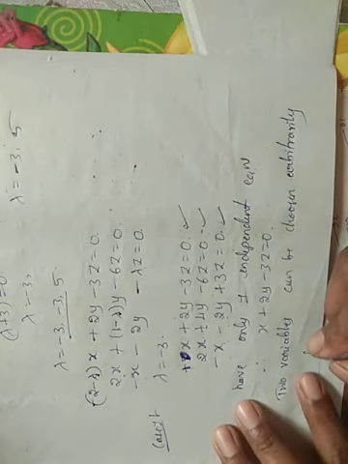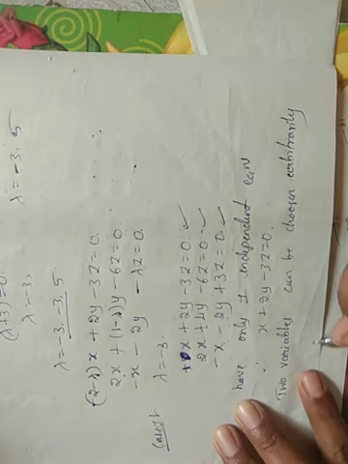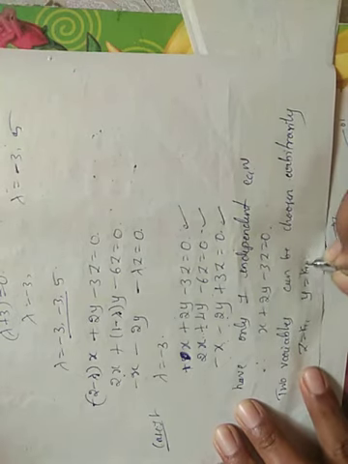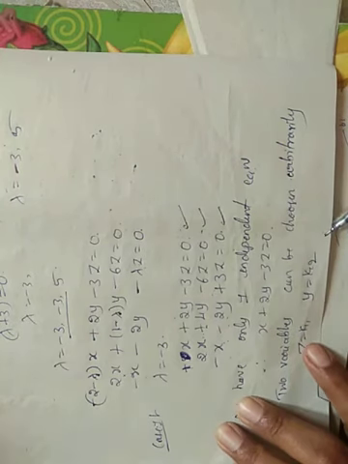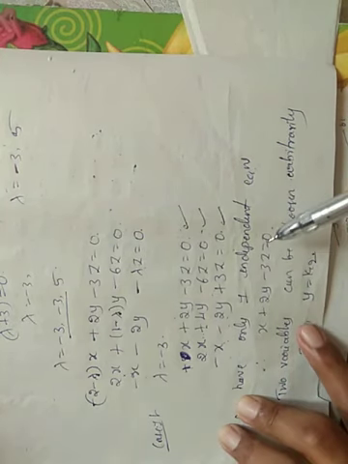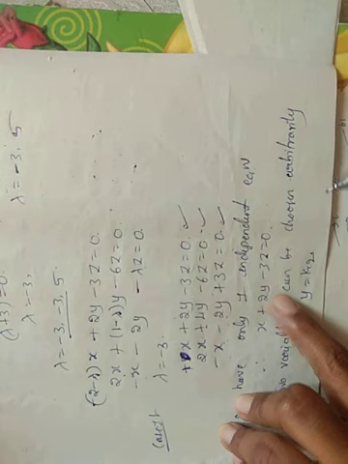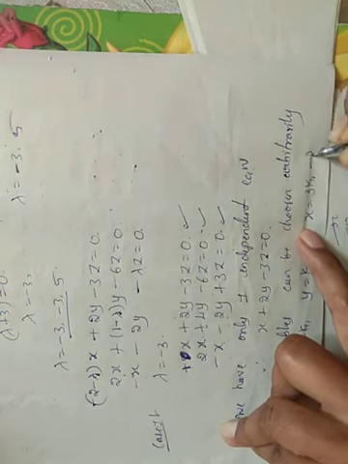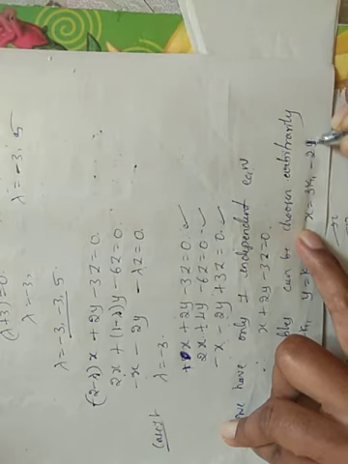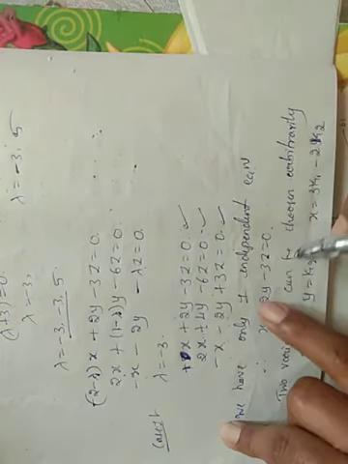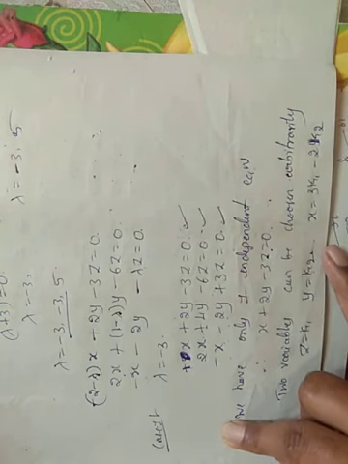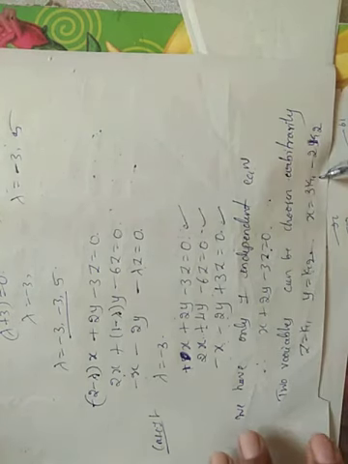So choose first for y and z. I will choose z = k1, y = k2. Sending the y and z terms to the RHS side and putting y and z, you will get x = 3k1 - 2k2.